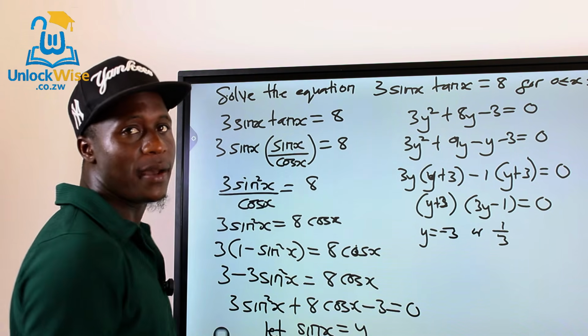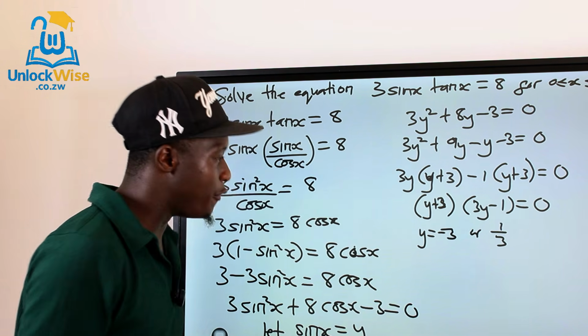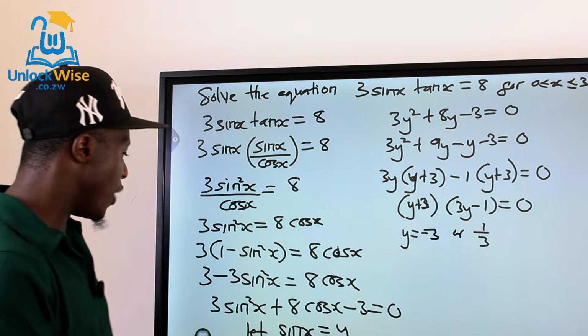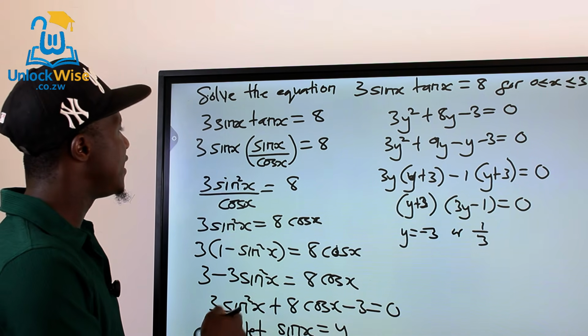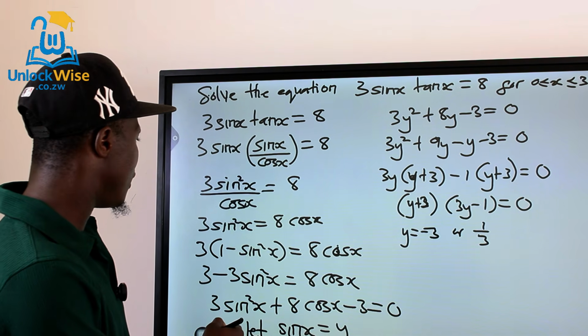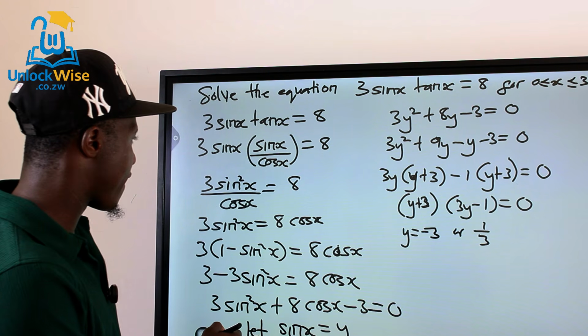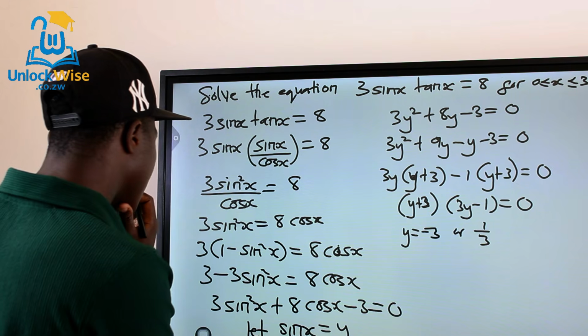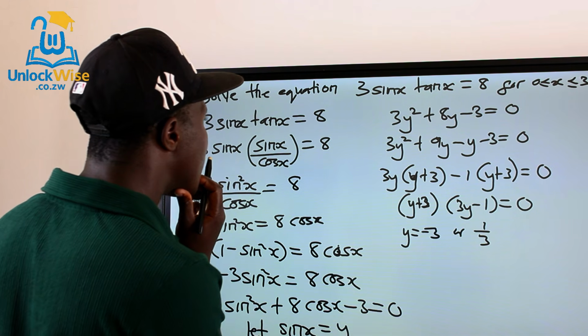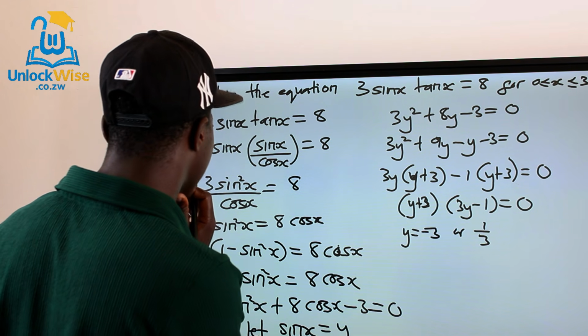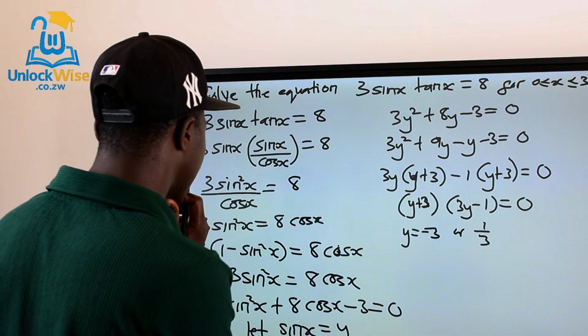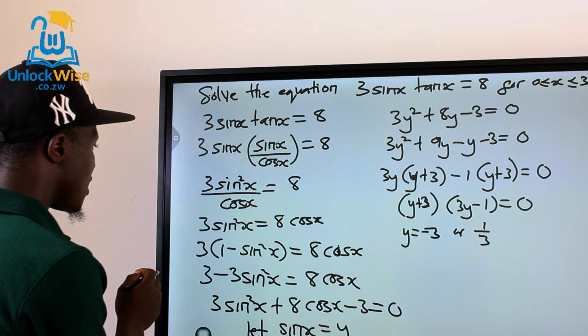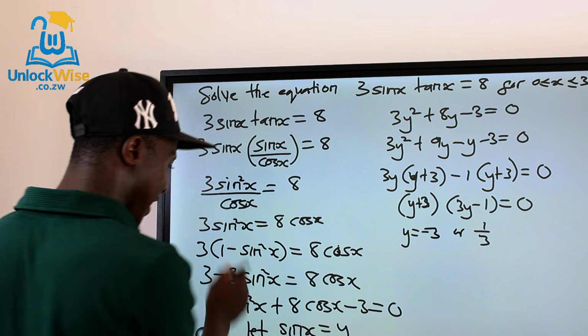But the examiner did not ask us to find the values of y. We want to find the values of what? Sine x. So okay, something is messed up here. We didn't factorize correctly here.